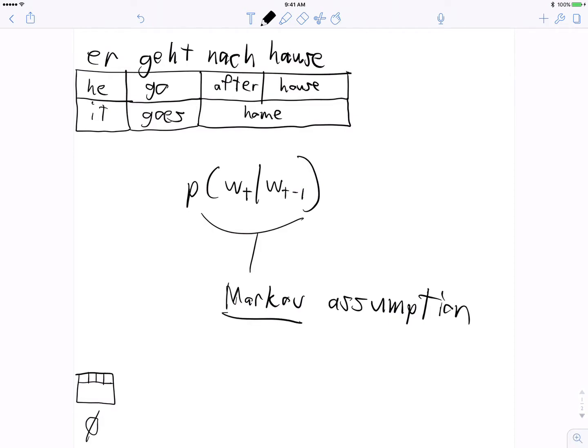The Markov assumption states that only the n minus 1 words of the history matter with respect to the model. Words farther back in the history are going to be assumed to not be relevant.